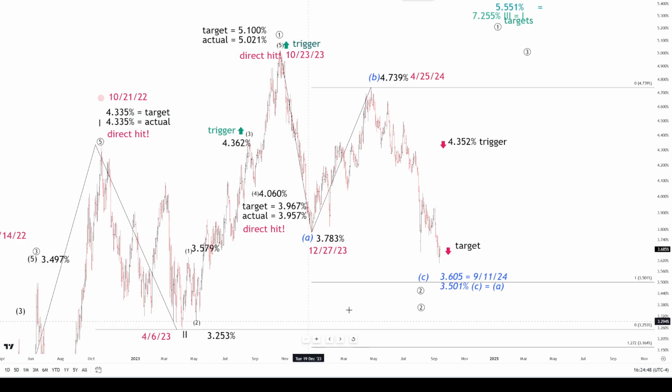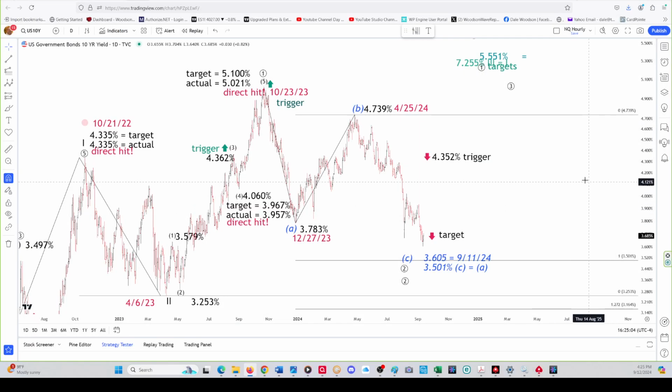If it goes below that, it's wrong. Wave 2 cannot go below there. That's pretty tight if you were wanting to trade that or get a loan, something like that. The lows look like they're in or near on the US10yr.